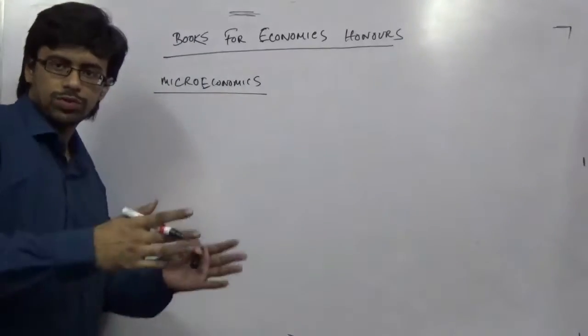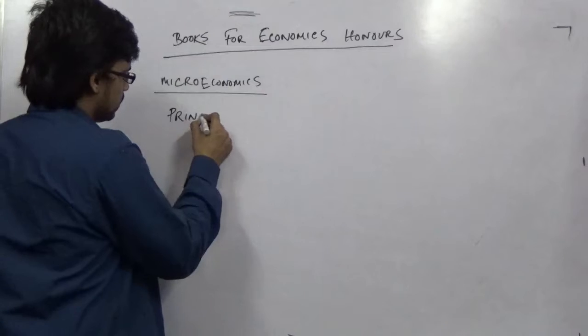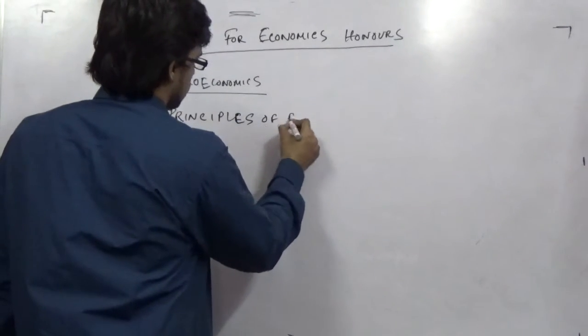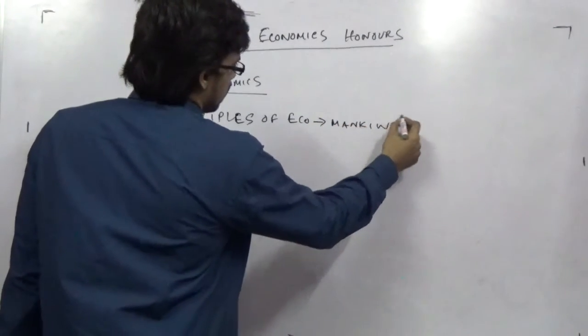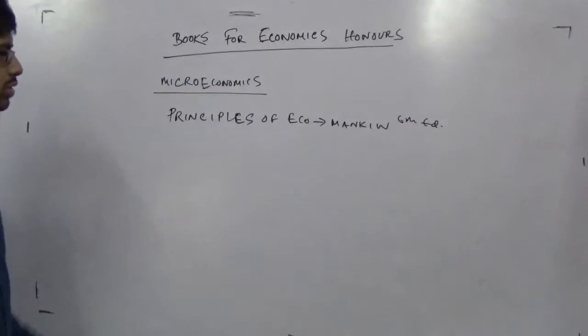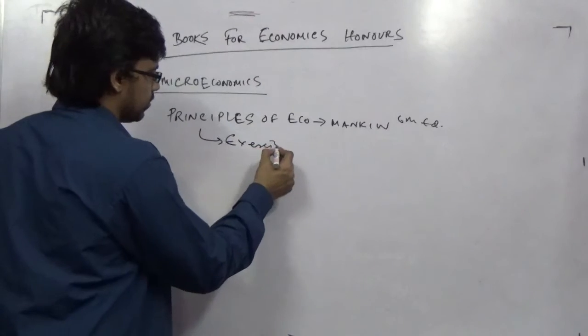In microeconomics, the first reading should be from Principles of Economics, Mankiw. Sixth edition onward, you can take any book. The book's main portion, the exercises, is really very good.